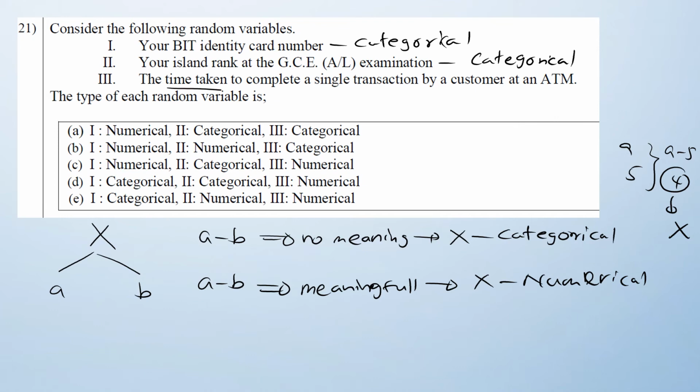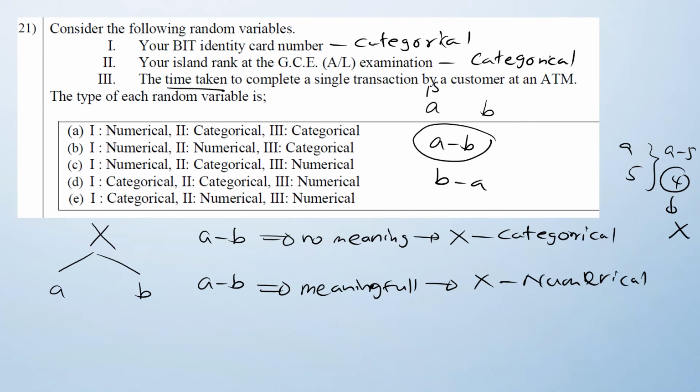The time taken to complete a single transaction by a customer at an ATM. If you have two customers, and the time taken is A and B, then when we have A minus B, there is a meaning for this difference.